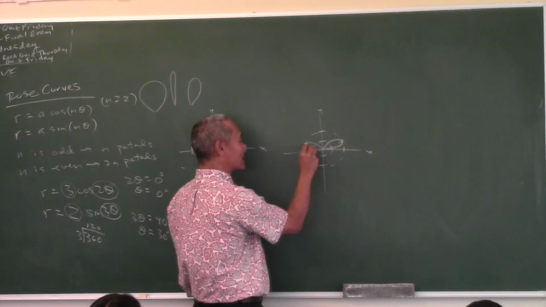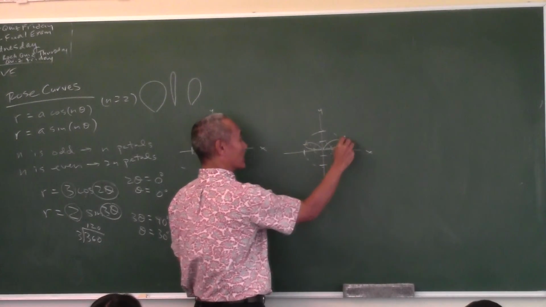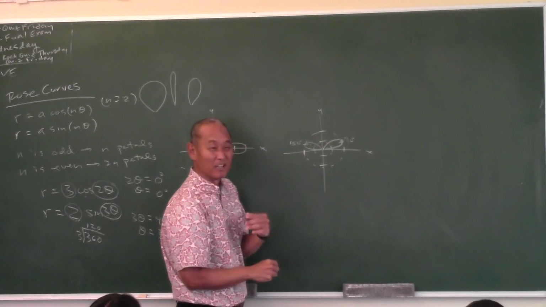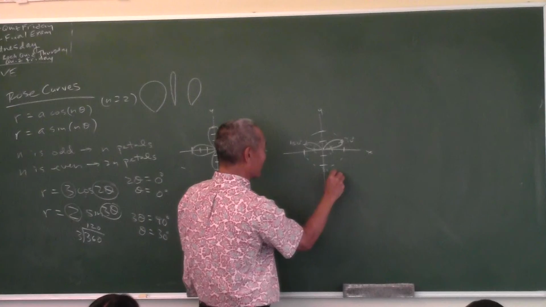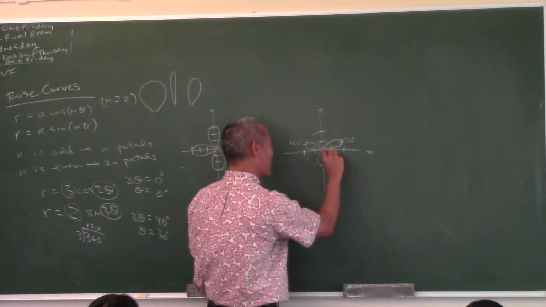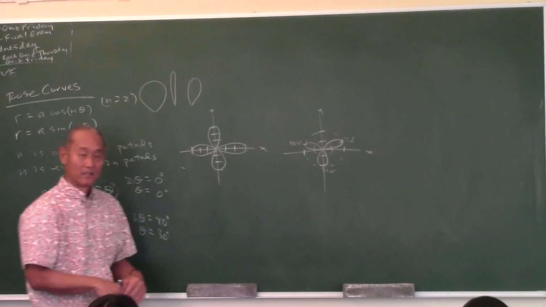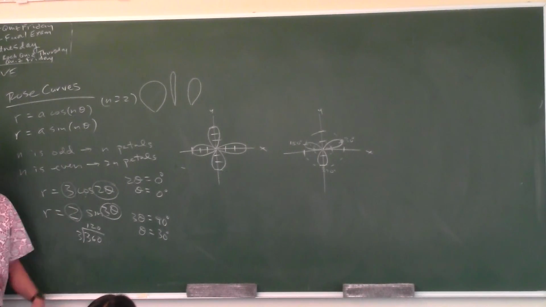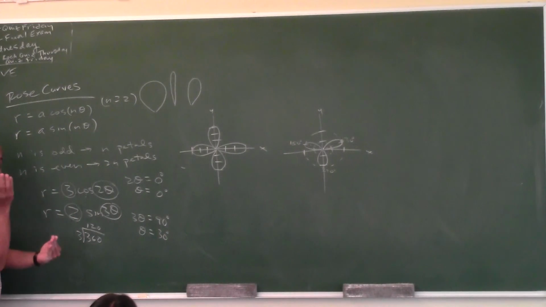So that's the next petal. And then so here's 30, 150. When's the next one going to be? 270. 270 over here. So the fact that they're all equally spaced apart makes it easy for you to graph. You just got to figure out where the first one is, and then you get the rest.